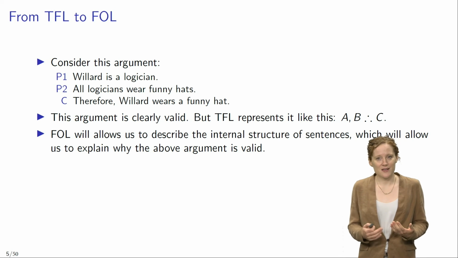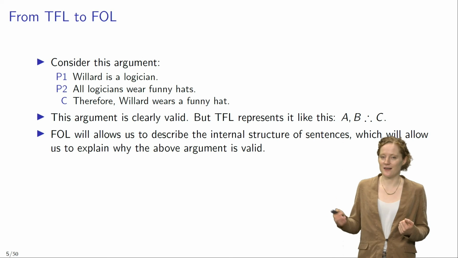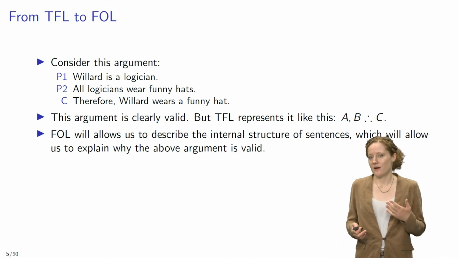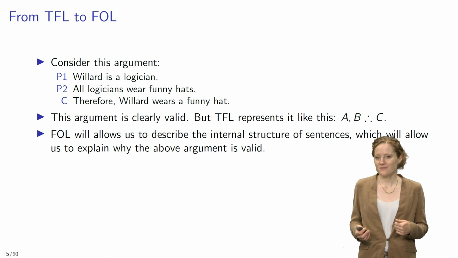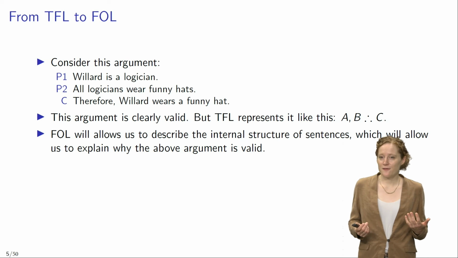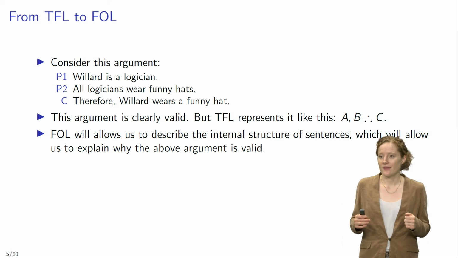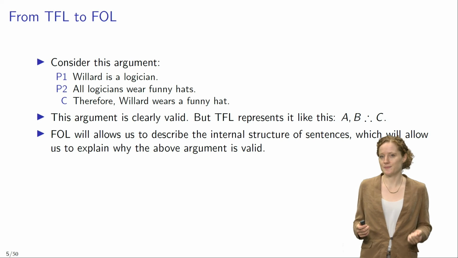So TFL and the kind of symbolizations that we are able to execute in TFL does not allow us to explain why the argument from P1 to the conclusion C is valid. Now, FOL is more fine-grained. FOL allows us to describe the internal structure of sentences, and this will allow us to explain why this argument is valid.